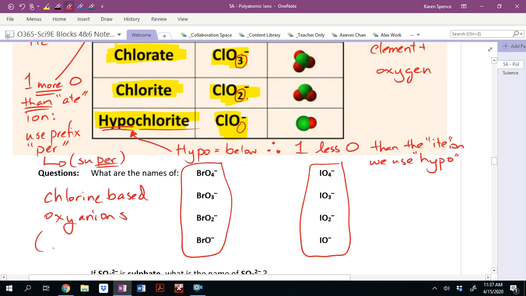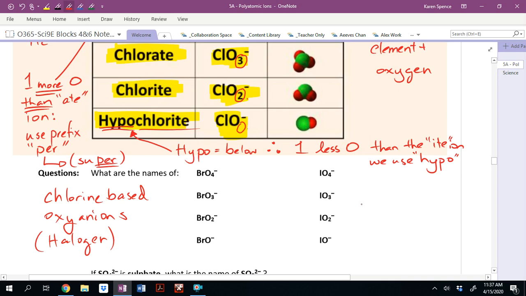And remember, bromine is a halogen. So what I want you to do is pause the video right now, and for yourself, you are going to write the name of BrO4 minus, BrO3 minus, etc. Take a moment and name all of those ions.